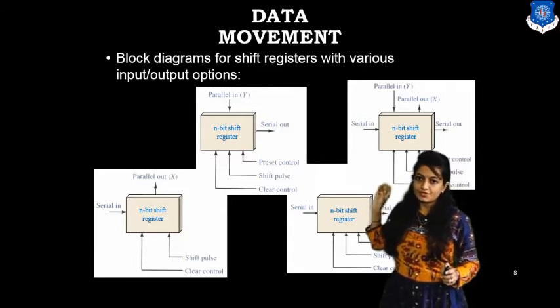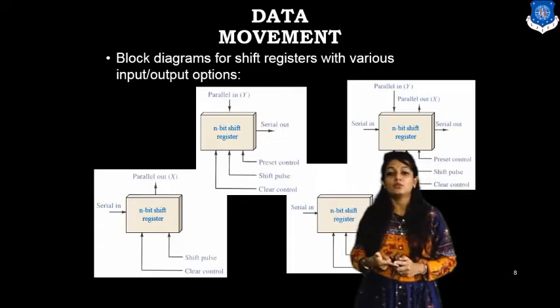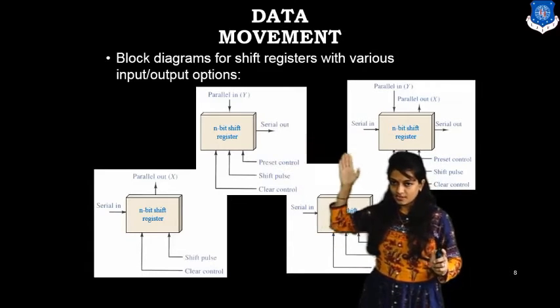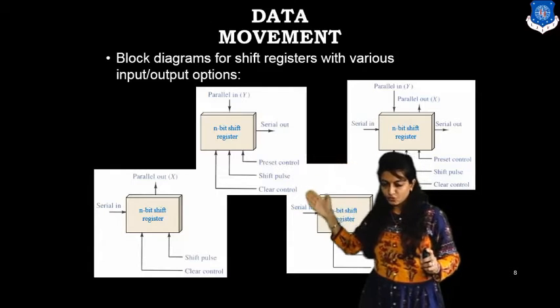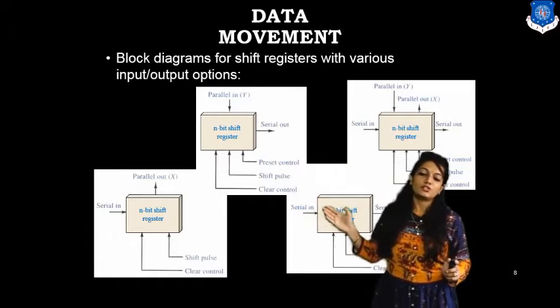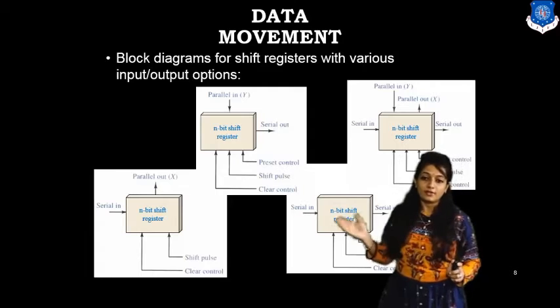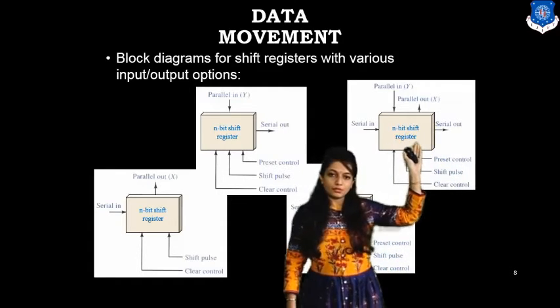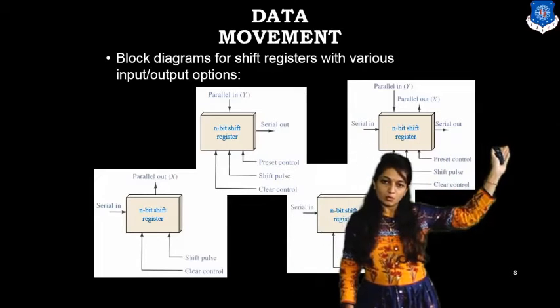The shift pulse will be there whenever we shift the data. So shifting is there, whether we shift the data in the left or the right direction. Second, serial input and serial output.